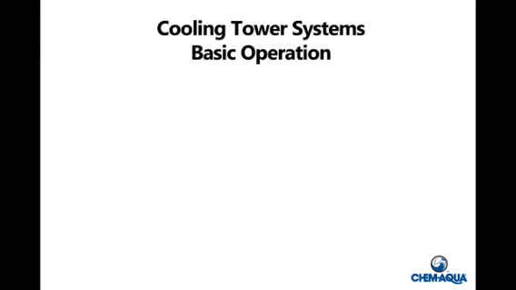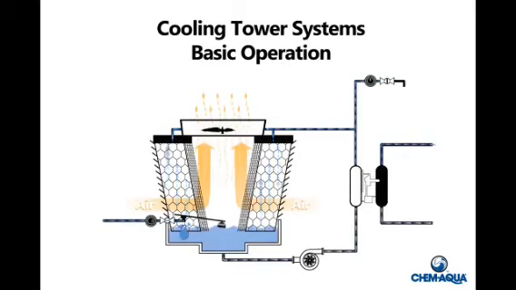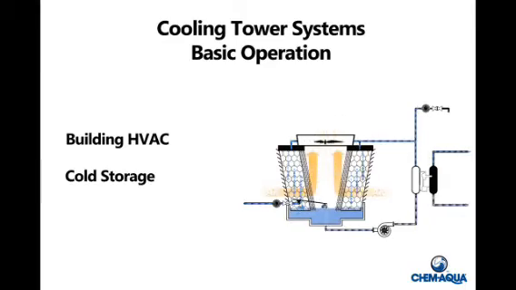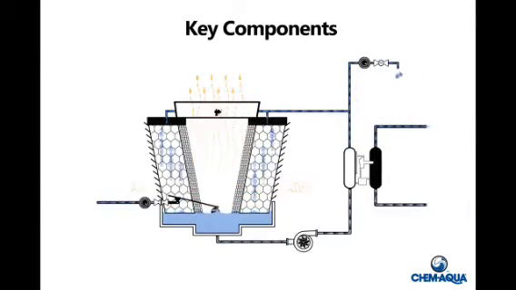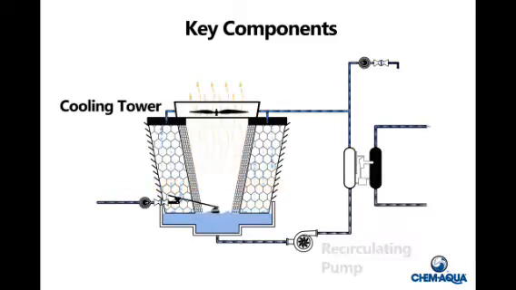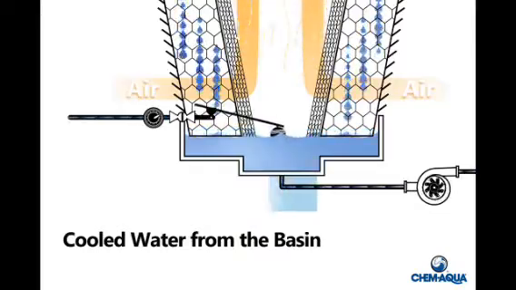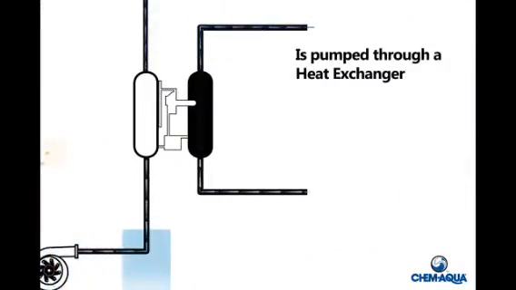Cooling tower systems are widely used to provide cooling in industrial and commercial applications, including building HVAC, cold storage, and industrial cooling. The key components of a cooling system are the cooling tower, recirculating pump, and heat exchanger. Cooled water from the basin is pumped through a heat exchanger.